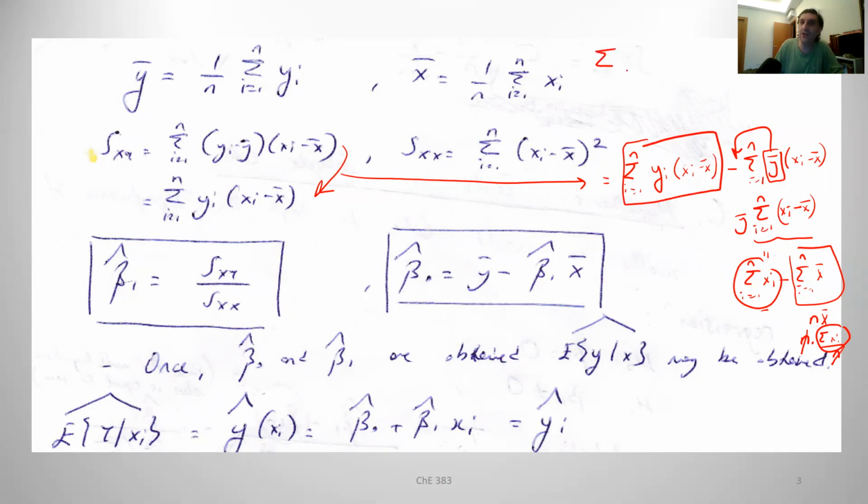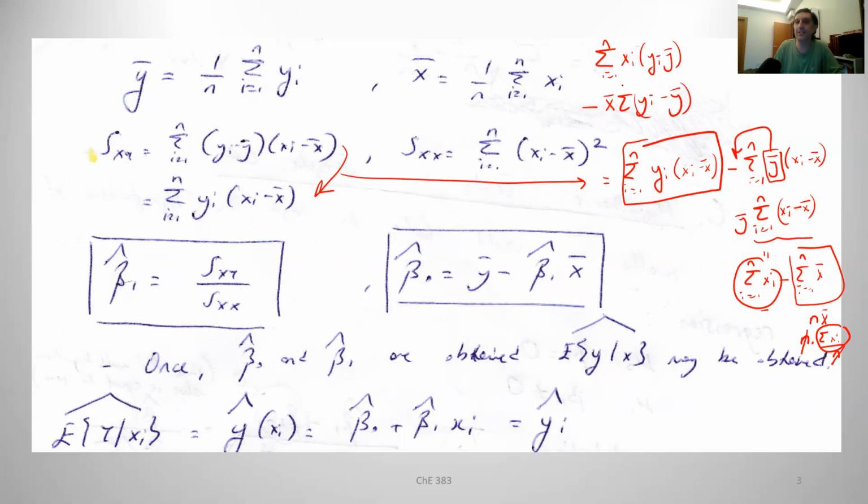And note that one can also write it in other ways. What do I mean by that? We can also write it as xi times (yi minus y bar). You can also write it that way. So the result is going to be the single term xi yi, and the term that we are going to omit will be minus x bar times the sum of (yi minus y bar).